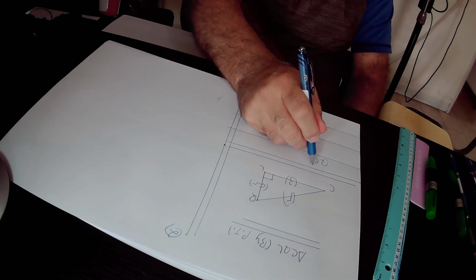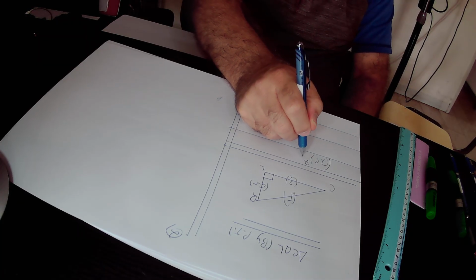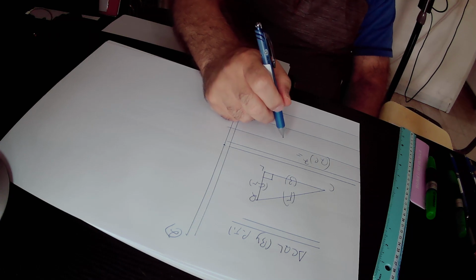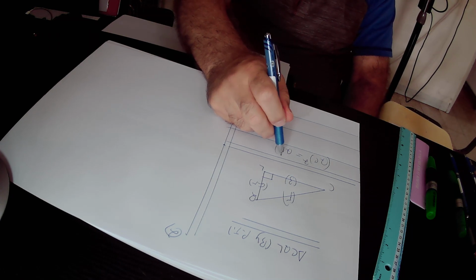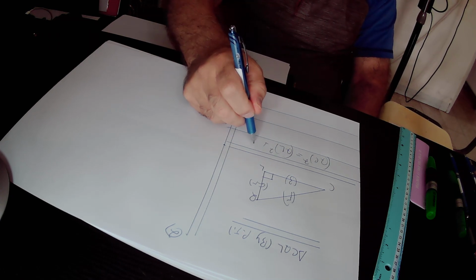So QC squared, the square of the hypotenuse, equals QL squared plus CL squared.